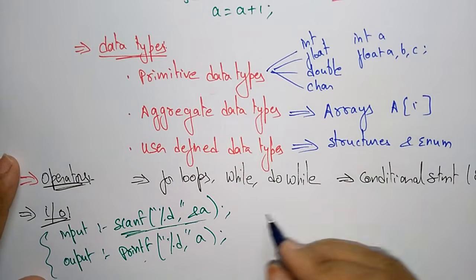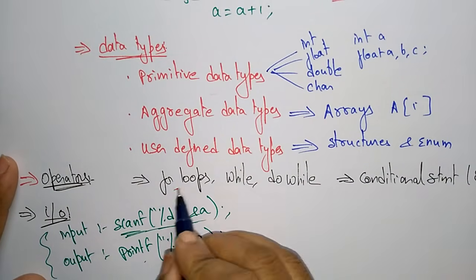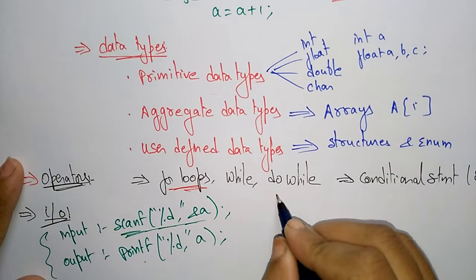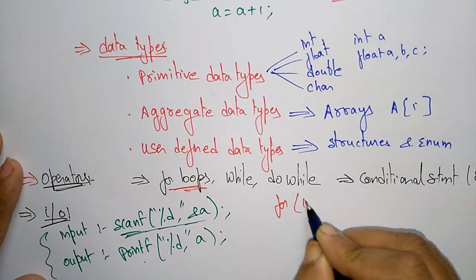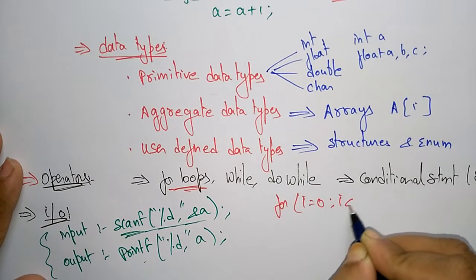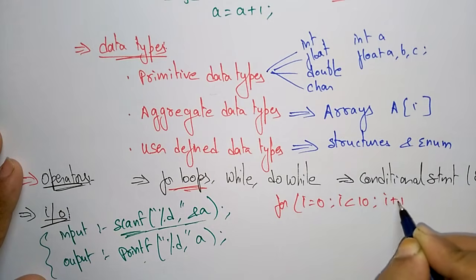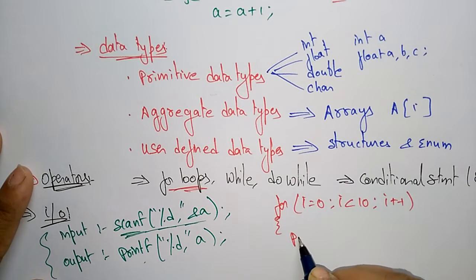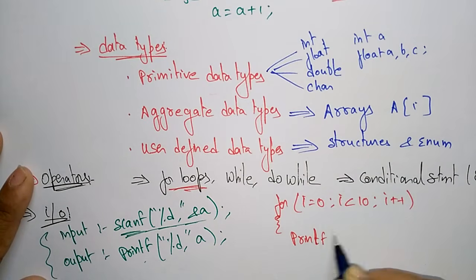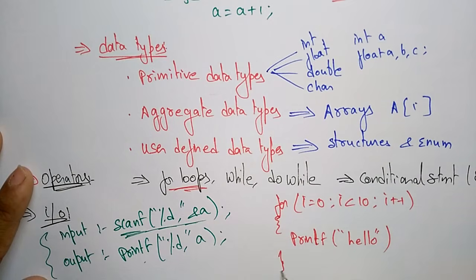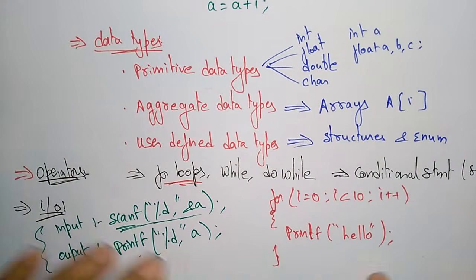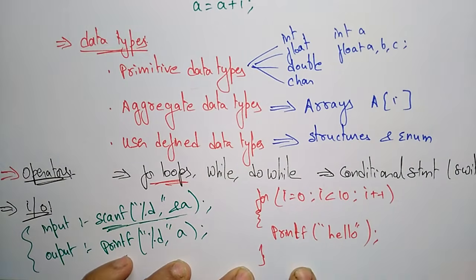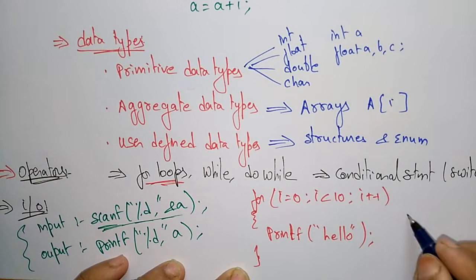Okay, suppose you take the simple for loop, how you write the program: for i is equal to 0, i less than 10, i plus plus. In the program, printf hello. So here it means the program will print hello 10 times.